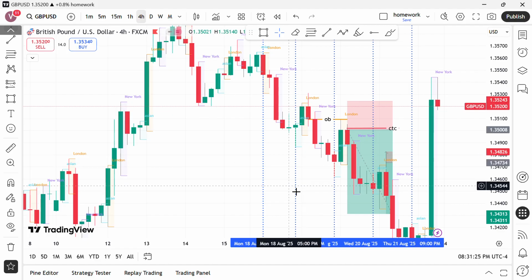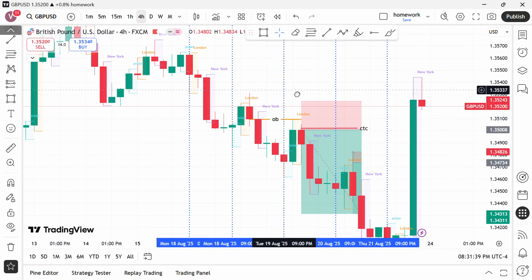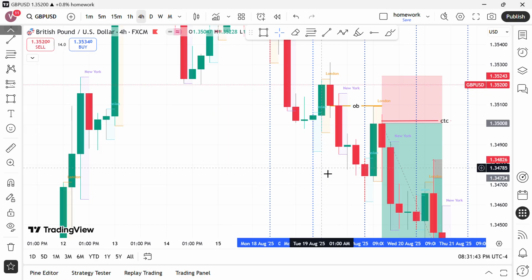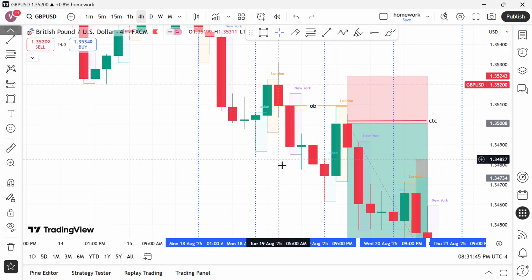We have deduced it on the monthly chart that price is supposed to go down now. So for quite a while, we can say price will tend to go down, and that's why we'll continue selling it, and we'll try finding new ways of continuing the sell.